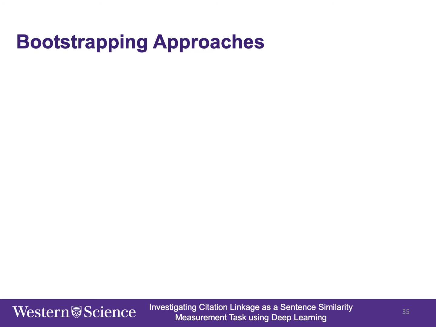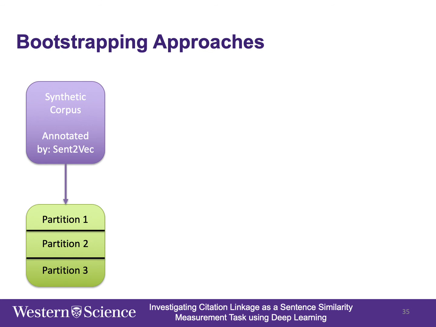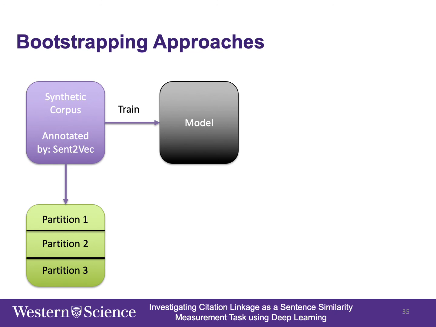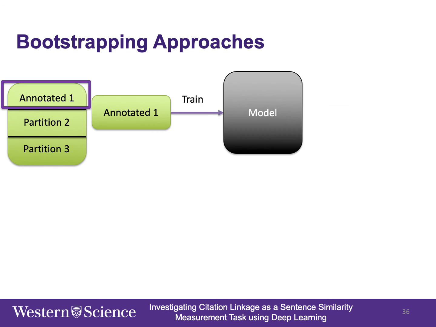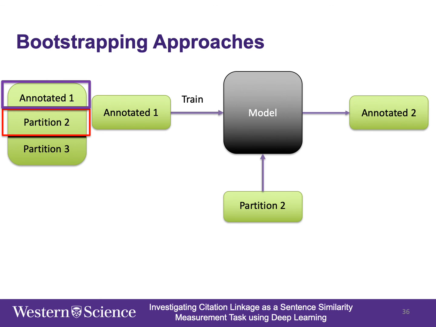Then we applied the bootstrap approach. In that case, the whole corpus is split into 3 different parts. At first the model is trained with the synthetic corpus and is used to annotate the first partition. Then this model is trained with this first annotated portion only and used to annotate the second portion.